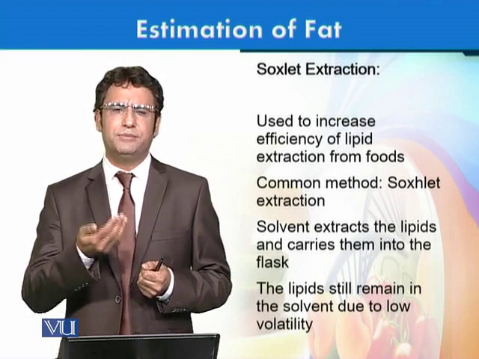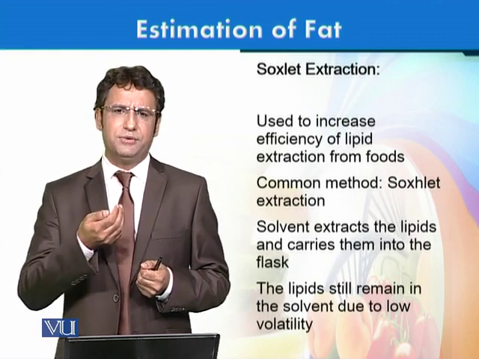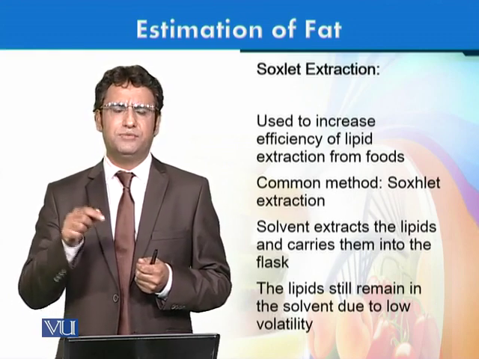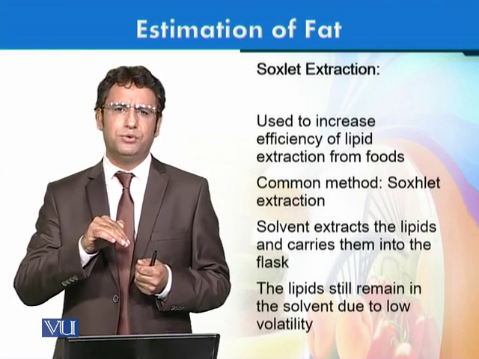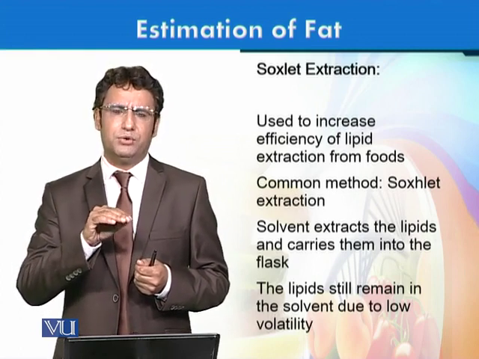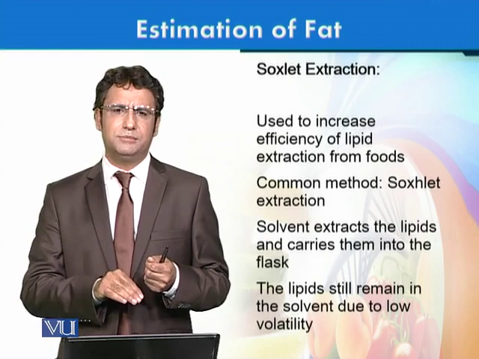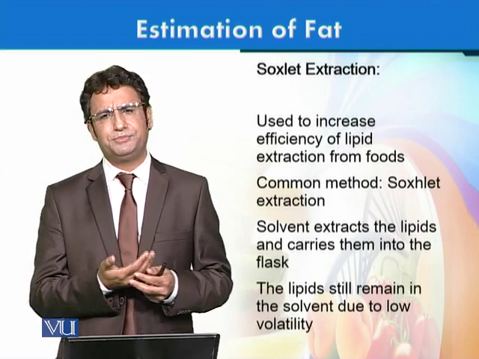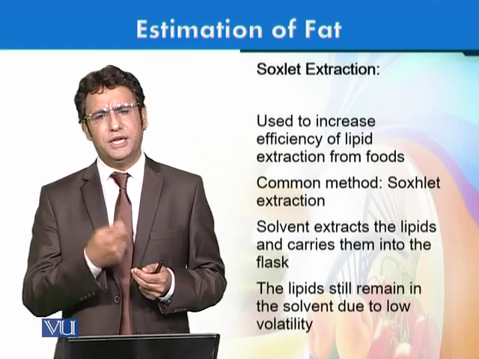Once this solvent removes the fat content, it is evaporated off again, condensed, and after condensation it goes back to the food. It removes more fat from the sample, and this continues until we have removed all the fat present in the food.